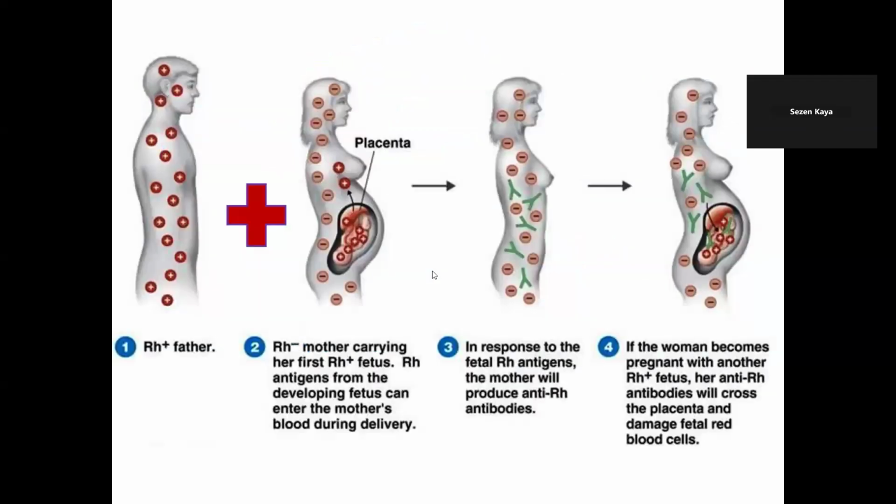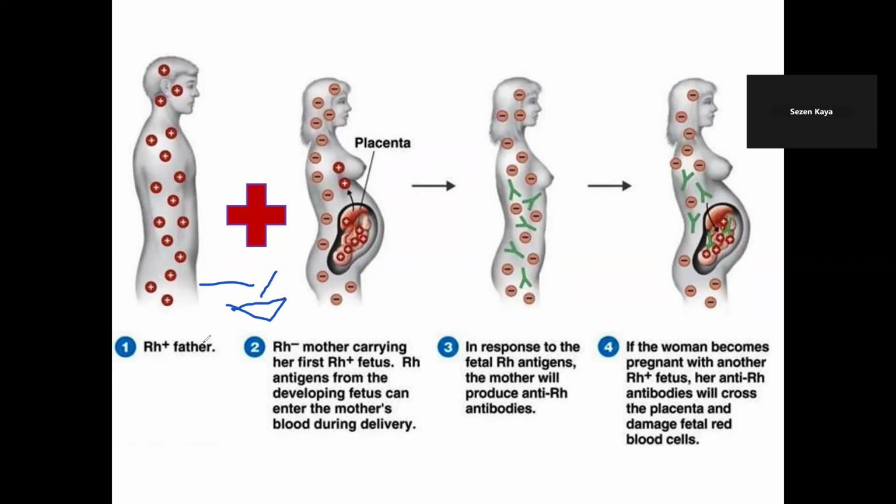Also it is important to know that sometimes rhesus conflict happens. Rhesus conflict is a situation which happens if the father is rhesus positive, but the mother is rhesus negative. In this case, if they create a baby, there are two options.